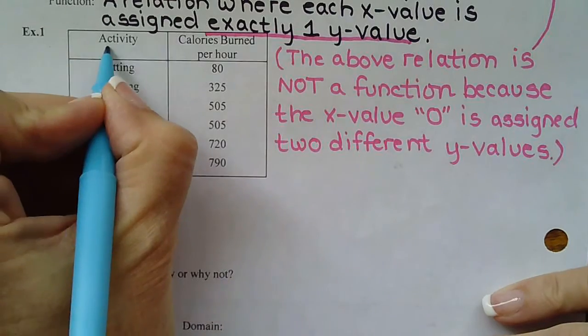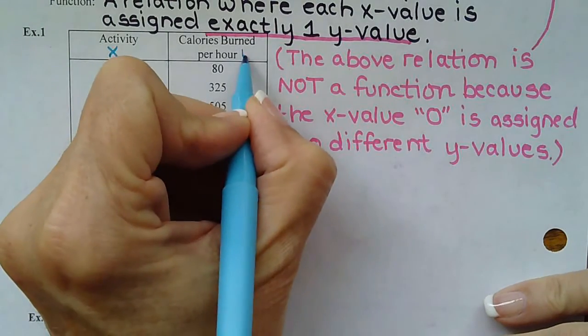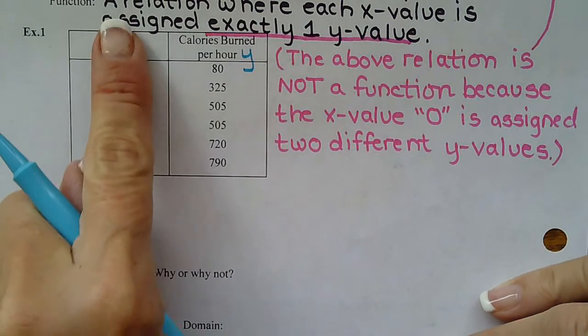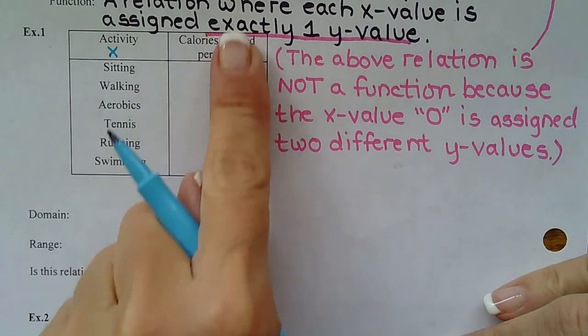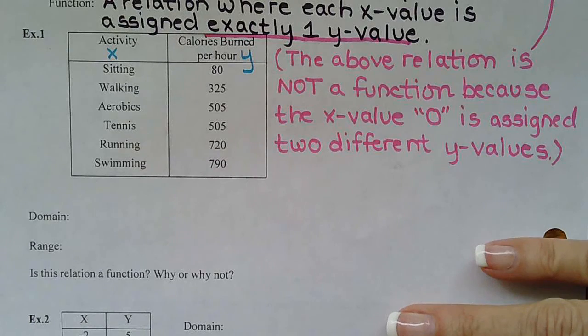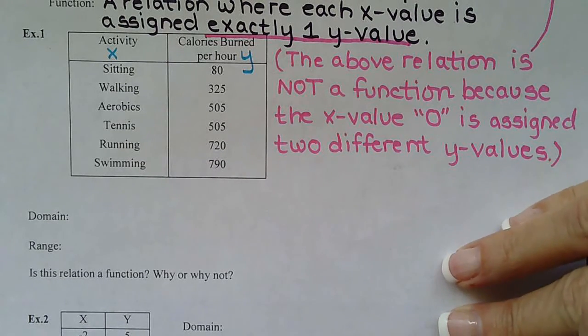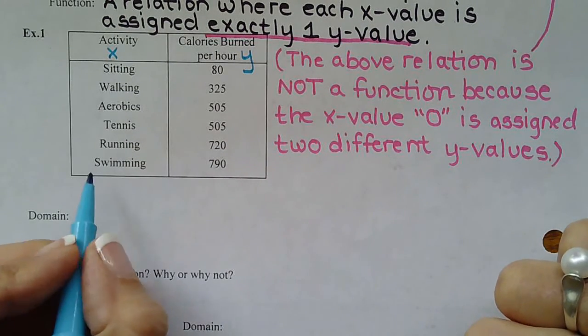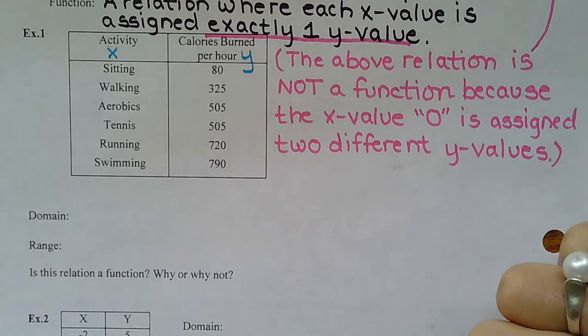So activity is x, calories burned is y. So anytime they make a t-table, the x values will always be on the left, the y's on the right. They might not call them x and y, but you can assume that anytime it's in t-table format, the x's will be on the left. So the domain we'll talk about in the next video.